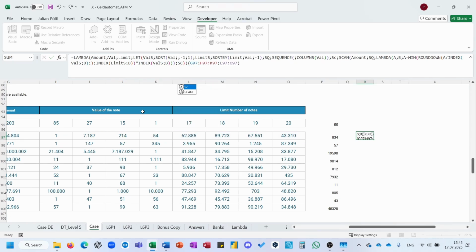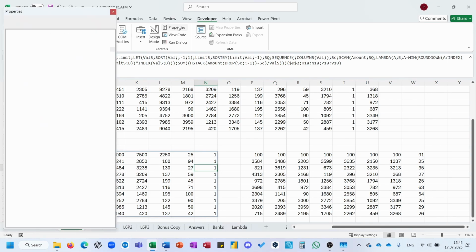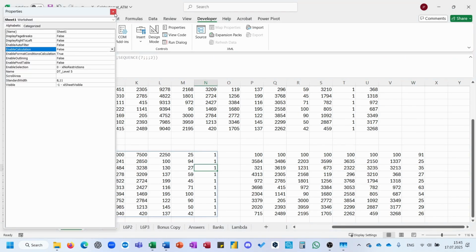I think SC it is. And then SC and val S. So I thought it will use. Haven't I turned off this here? Oh no, it's turned off. Interesting.